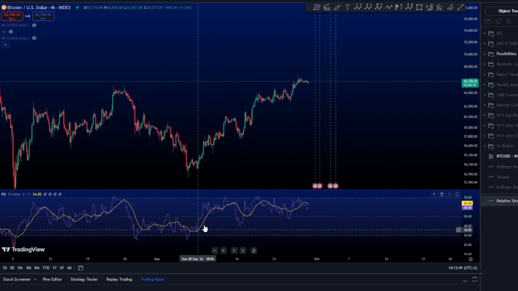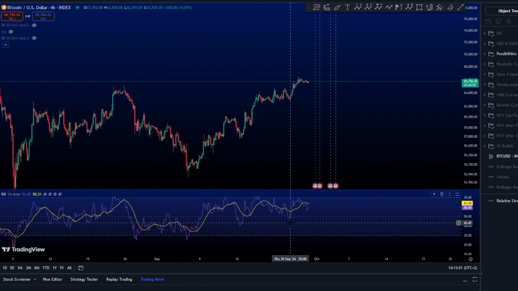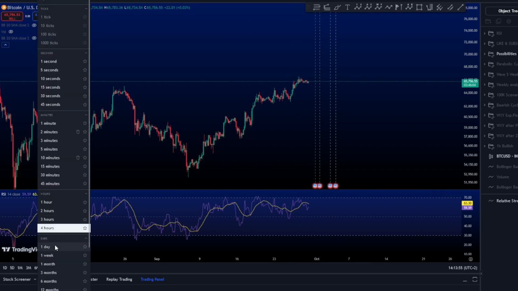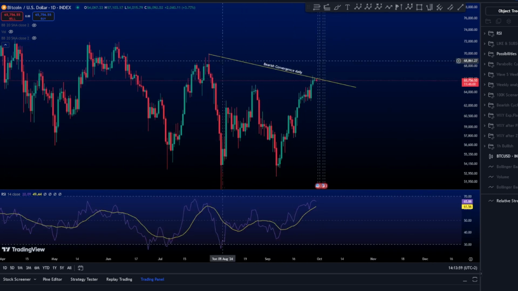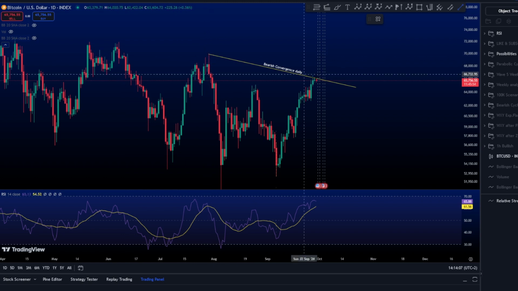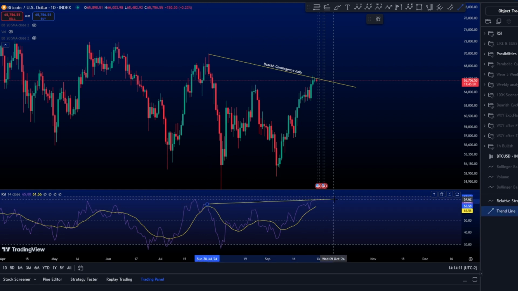Nothing's really interesting as signals, as convergences or divergences. Only we can see one on the daily chart here, where we can see a bearish divergence, where we can see a higher high in price and a lower high on the RSI, taken from this high.